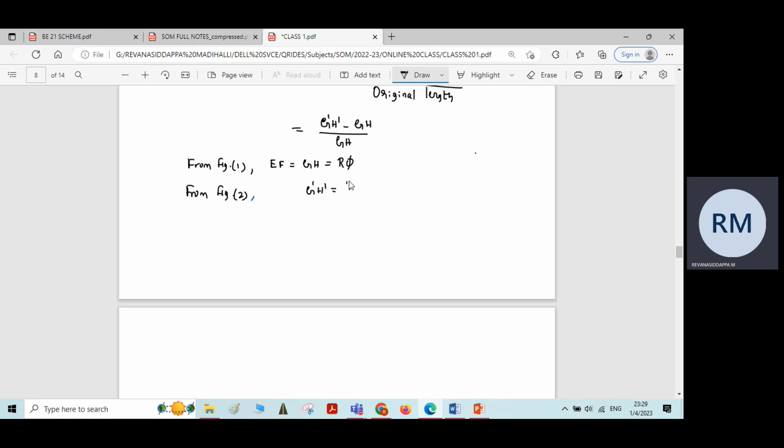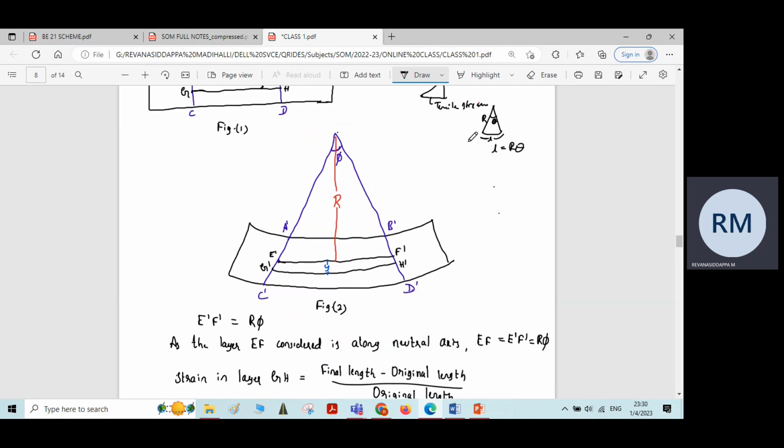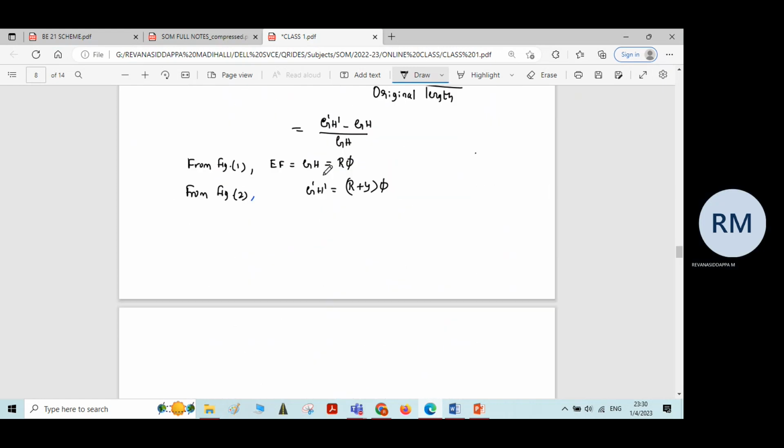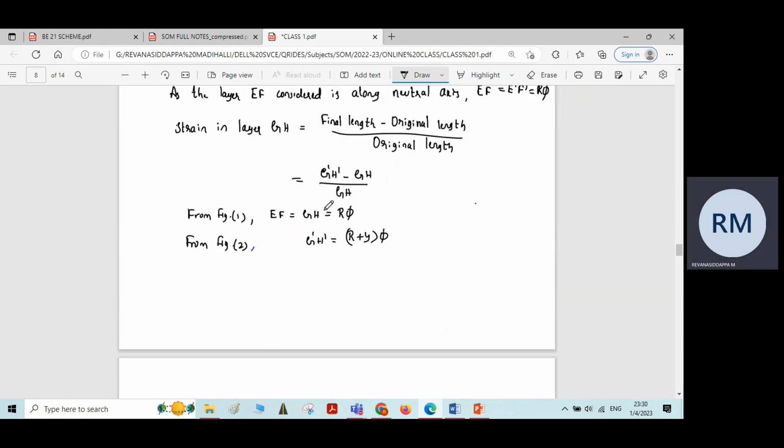Therefore, R plus Y into pi, similar to the equation of the length of the curve as I explained earlier. Length G dash H dash is equal to R plus Y into pi. Now you substitute the values of GH and G dash H dash in this equation.